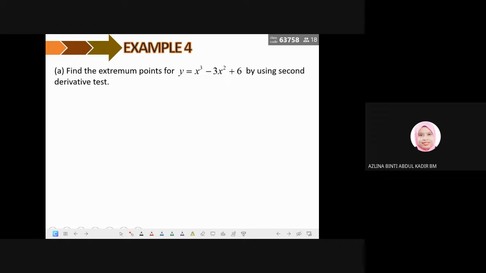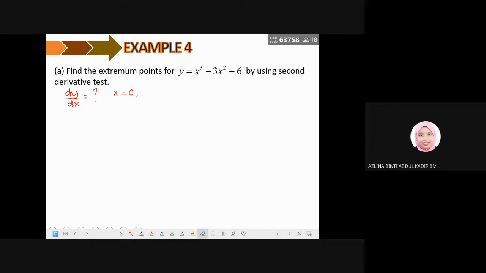Differentiate dy dx. Bila dapat dy dx, you equate to 0, so we get two values of x. We get x is equals to 0 and x is equals to 2.